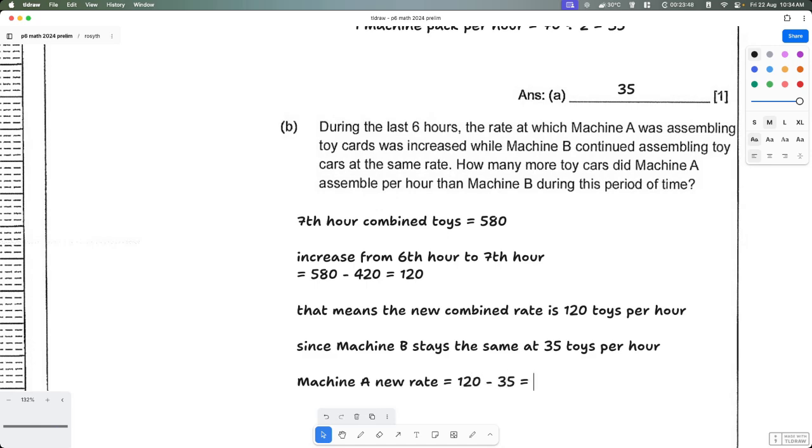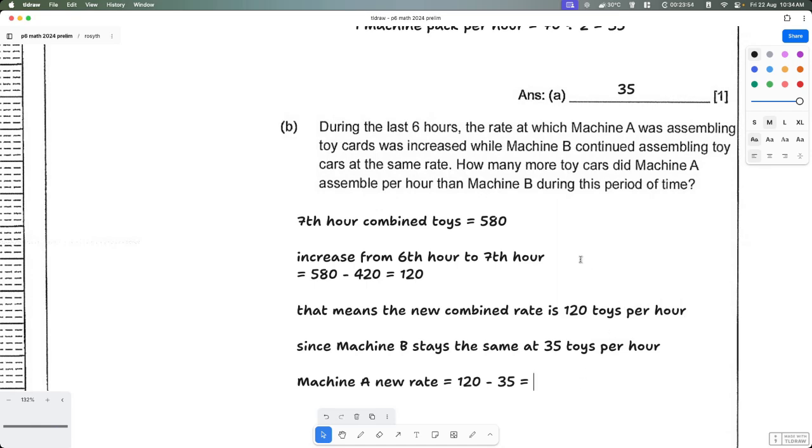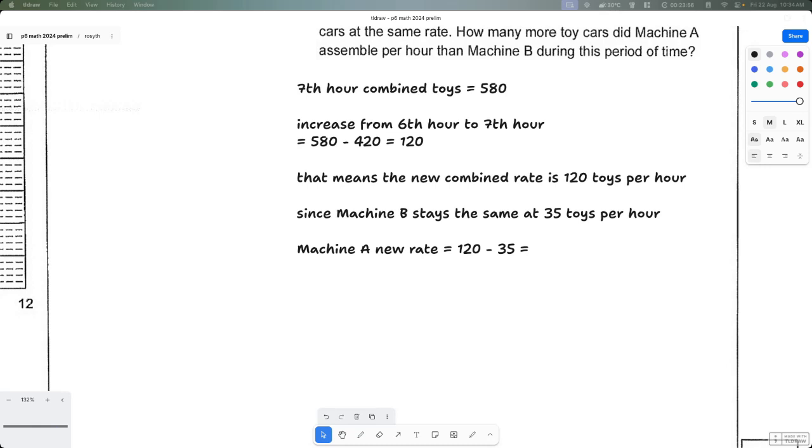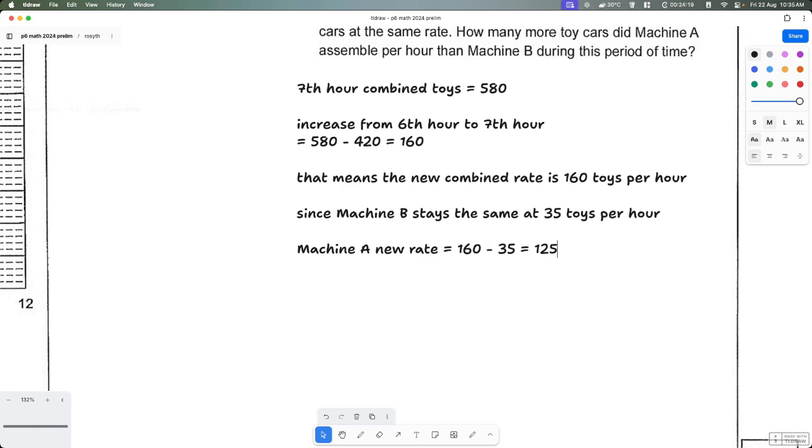Sorry, this is not 120, it's 160. So this combined is 160. So it's 160 minus 35, which will give you 125. That's the new rate, toys per hour.